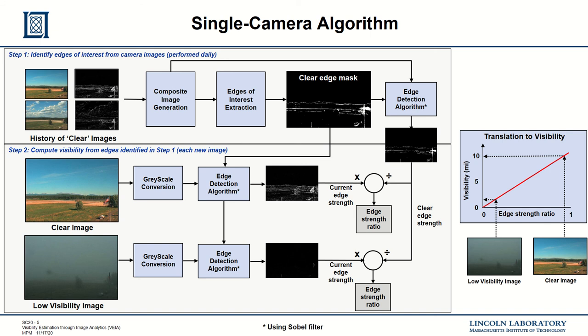Next, the algorithm takes into account each new image, and in this case showing both a clear data image and a low visibility image, and compares the overall edge strength between the composite and the new image. This edge strength ratio is then translated into a visibility based upon the relationship that has been identified over a very large multi-image historical analysis.